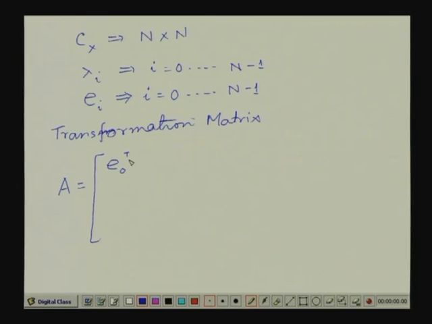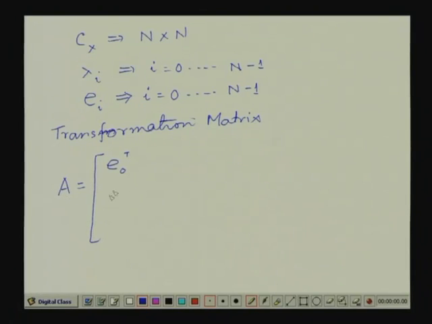I write this as transpose because E 0 being an eigenvector, normally a vector is represented as a column vector. So, the rows of this matrix A will be the eigenvectors of the covariance matrix Cx.